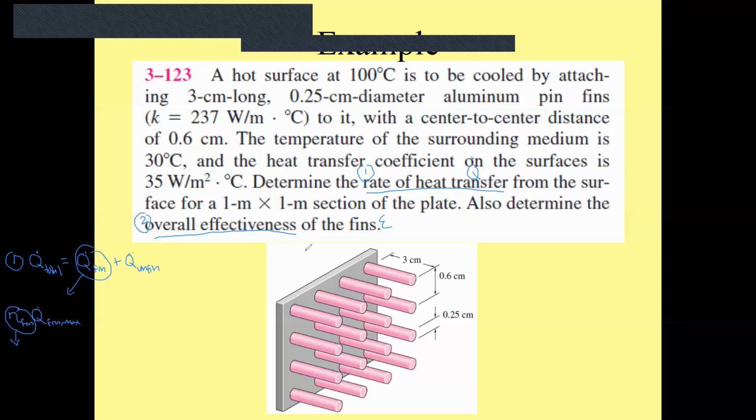You have to see what the type of the fin is. This is a cylindrical fin. Because it's cylindrical, if you look back at the slide, it is given by this equation, tanh(ml) over ml. From here, you need to find m. How about L? L is given to you.